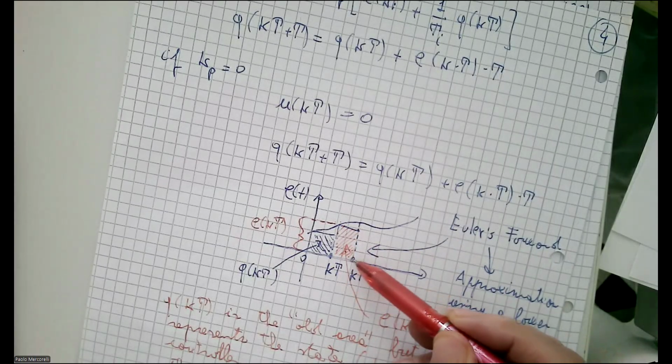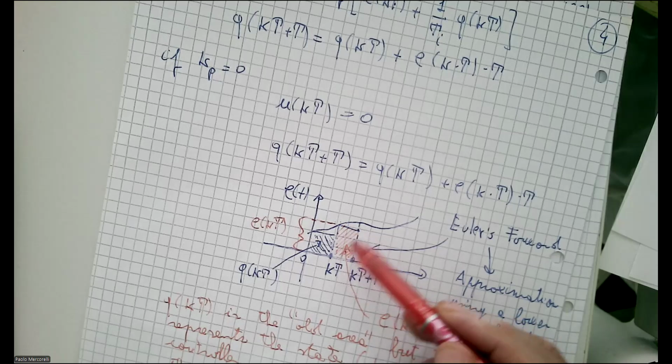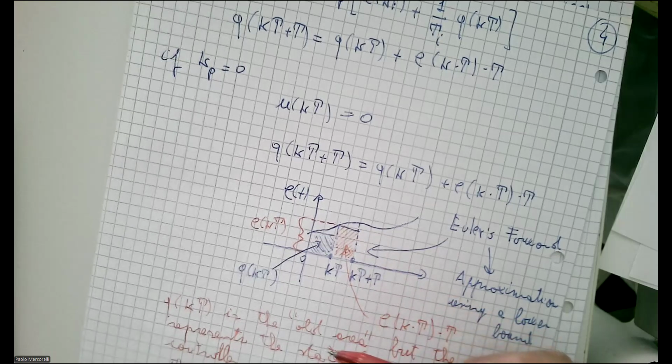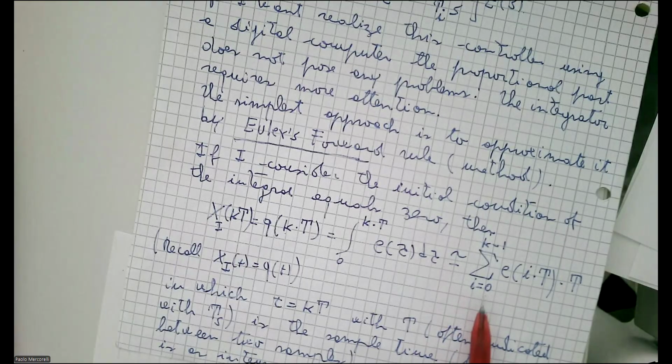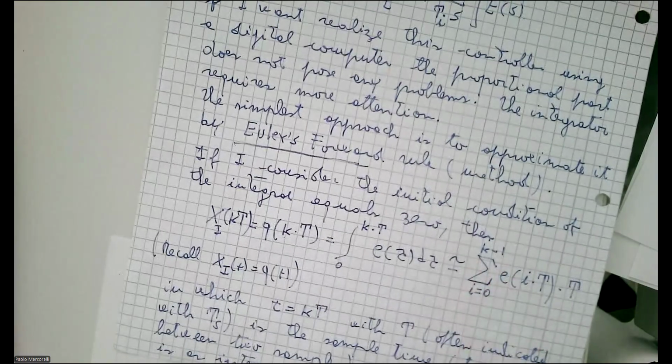Multiply by T, I will get the surface. Now, the counter of the sum, the counter I, goes from 0 up to K minus 1.